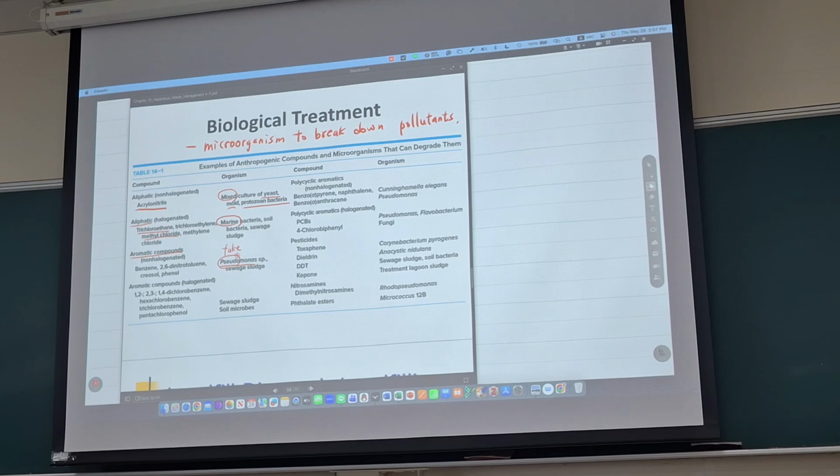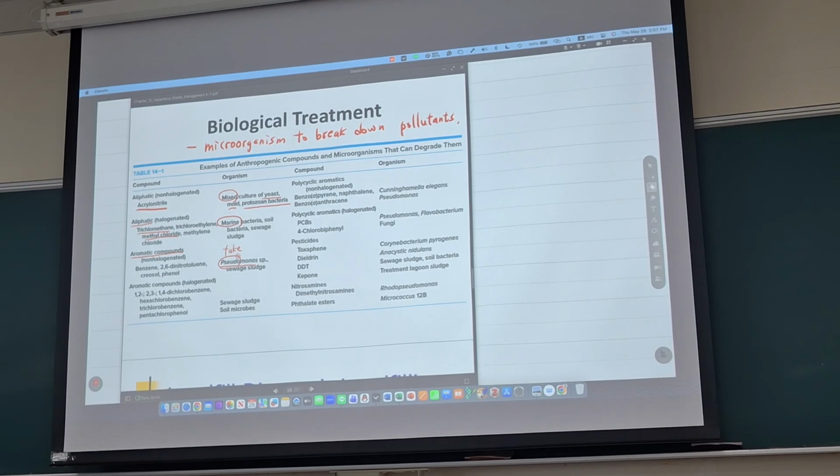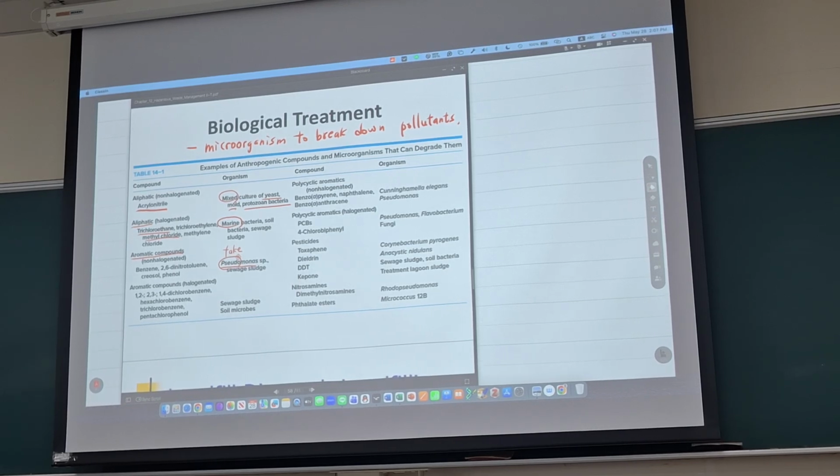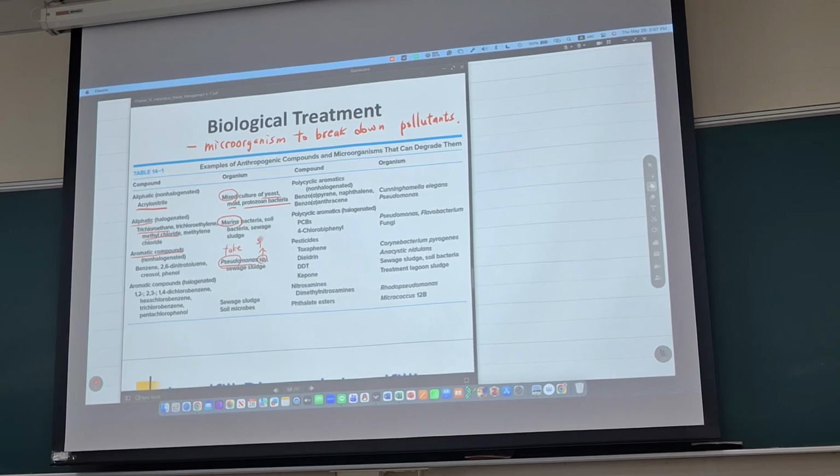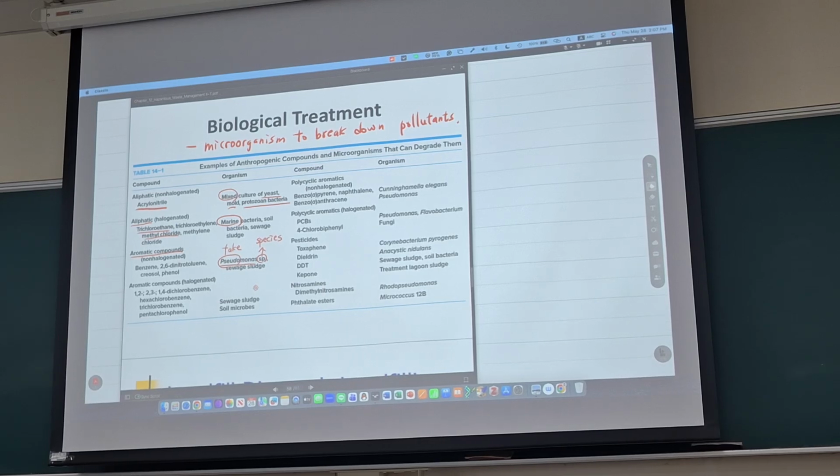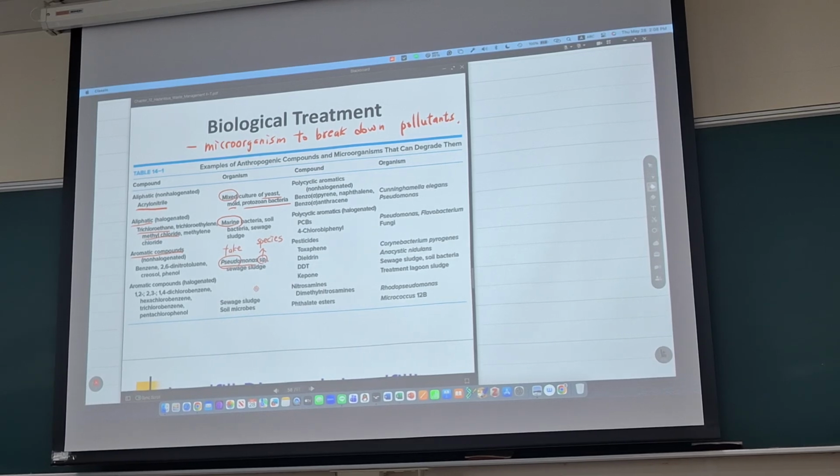This kind of microorganism is called Pseudomonas species. SP stands for species. So any kind of Pseudomonas species can be used to degrade aromatic compounds.